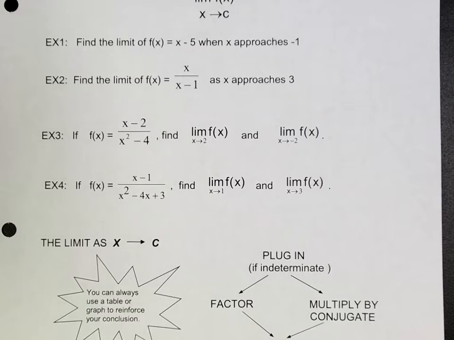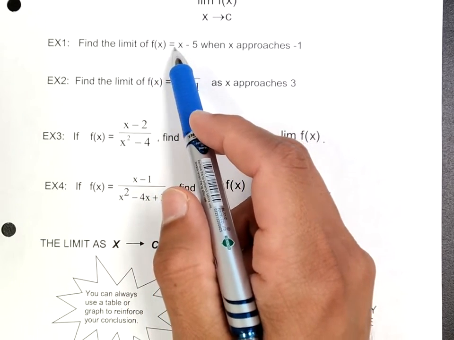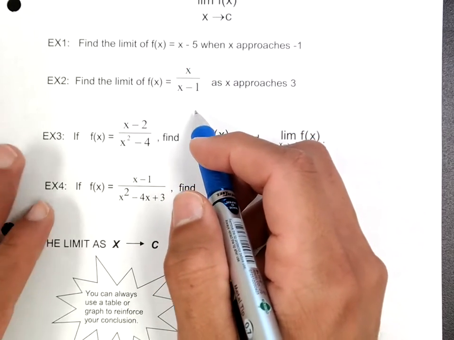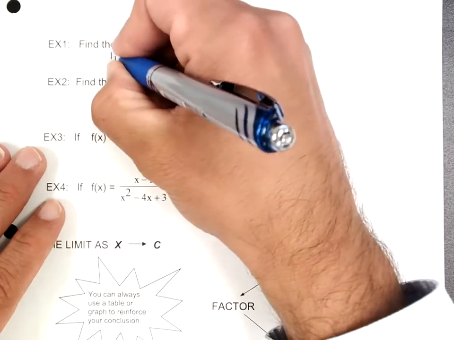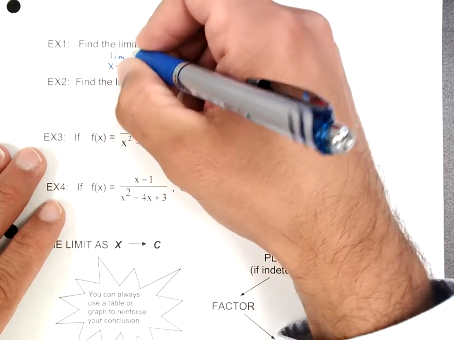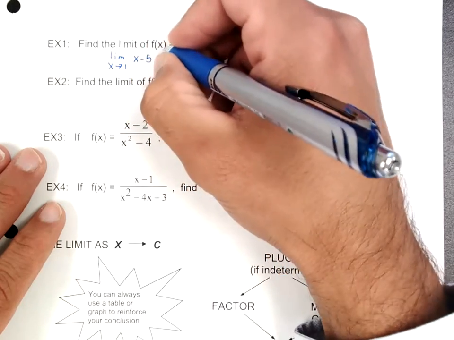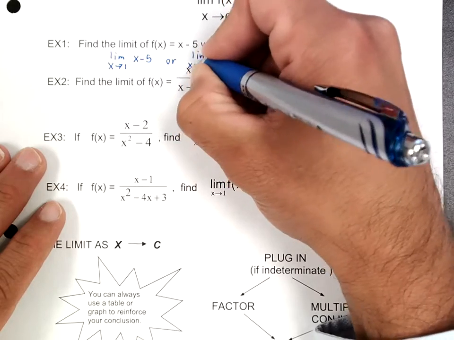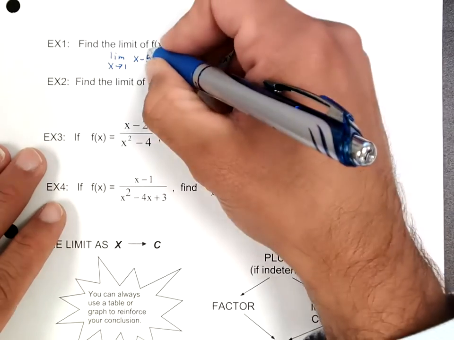So, for example, find the limit of f of x, where f of x is equal to x minus 5, when x approaches negative 1. To find the limit as x approaches negative 1 of x minus 5, or you can also write it as the limit as x approaches negative 1 of f of x, since f of x is that.